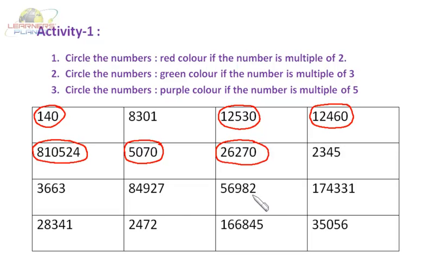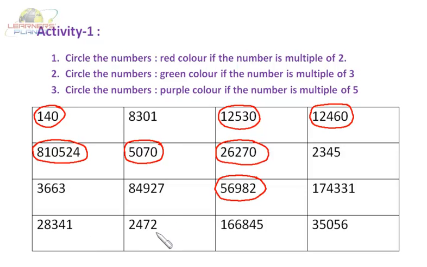Now this number, the unit digit is 2, that means it is an even number, and every even number is a multiple of 2. So I just circle it. In this case, the unit digit is 1, so it's an odd number, so it will not be divisible by 2. Okay. Similarly, this number 28341, the unit digit is 1, so it will not be divisible by 2 since it is an odd number. Okay.